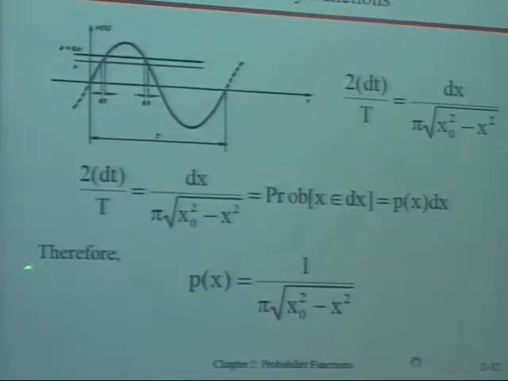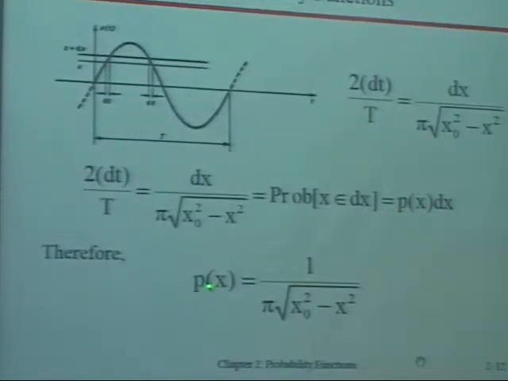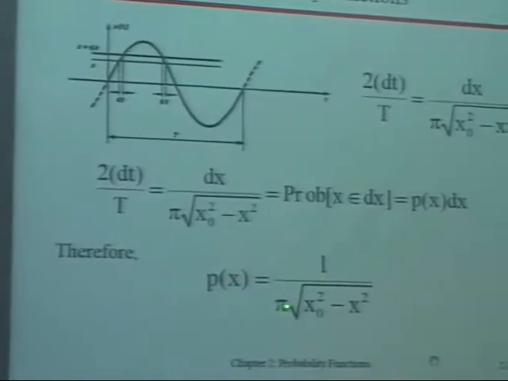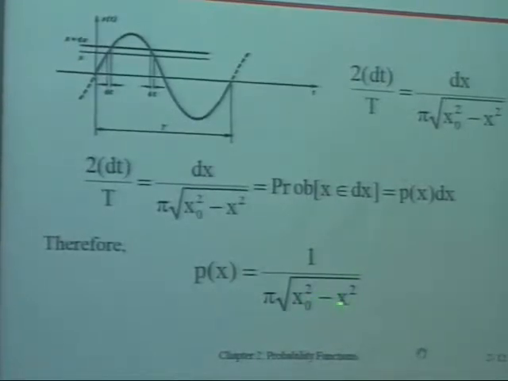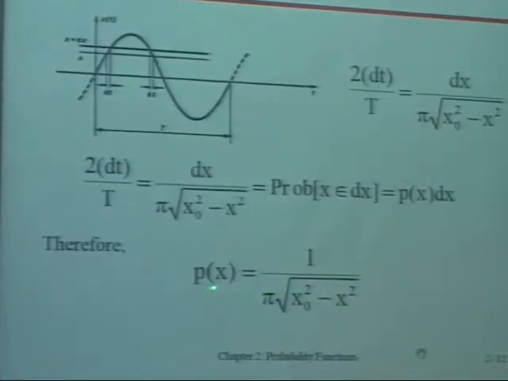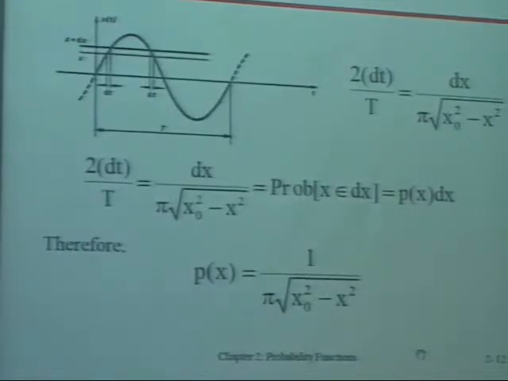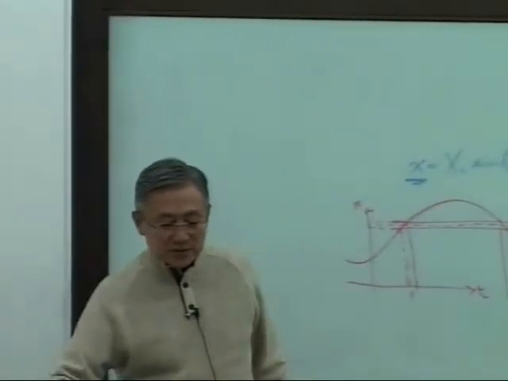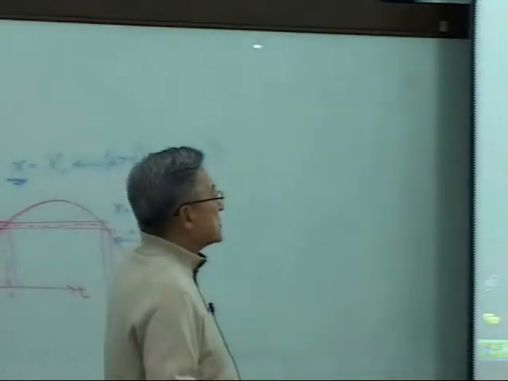So what I can claim here is p(x), the probability density function, is equal to 1 over pi square root of that function. Now you can plot this. That's the probability density function for a sine, which looks like this.